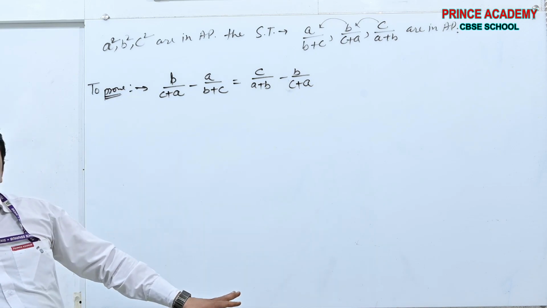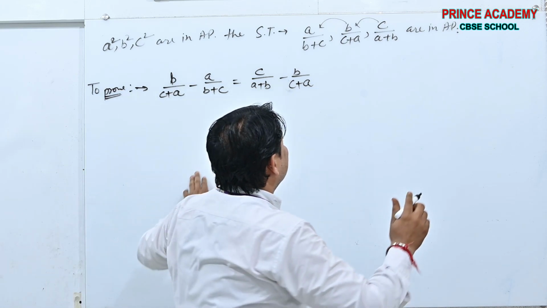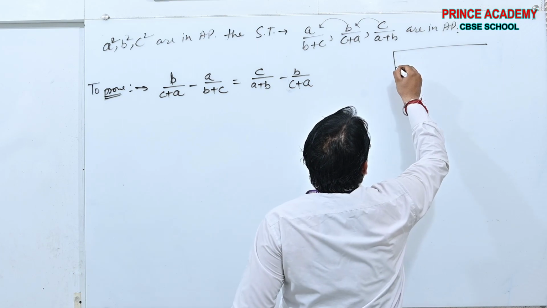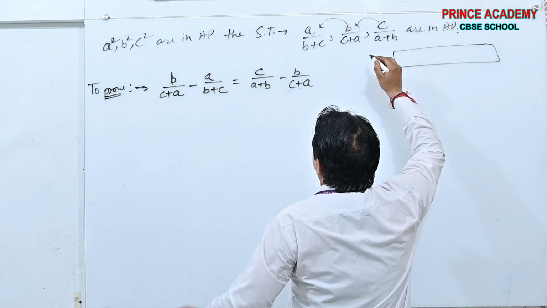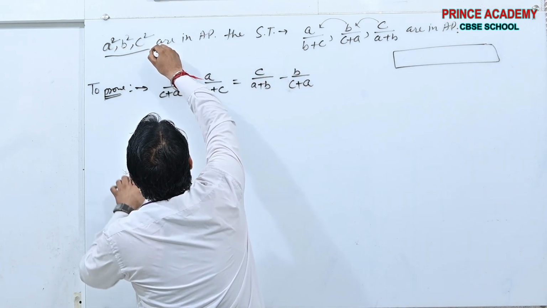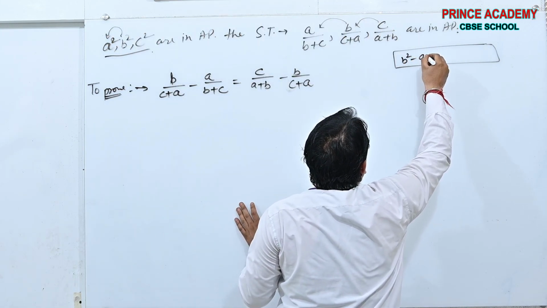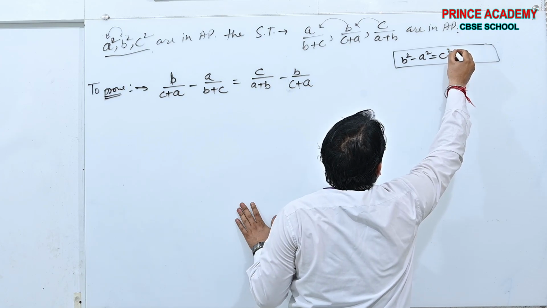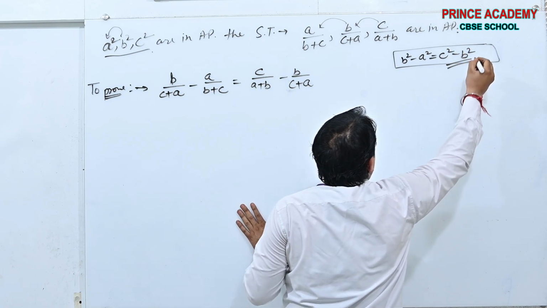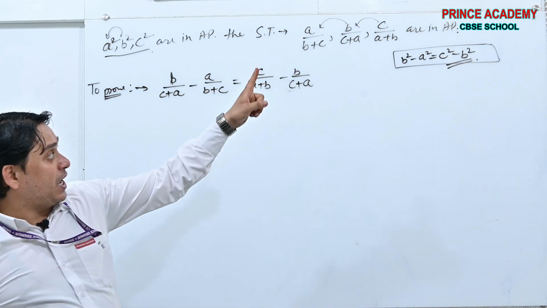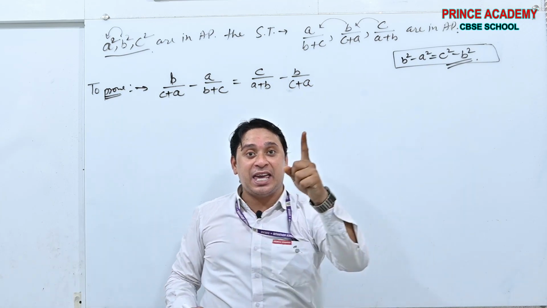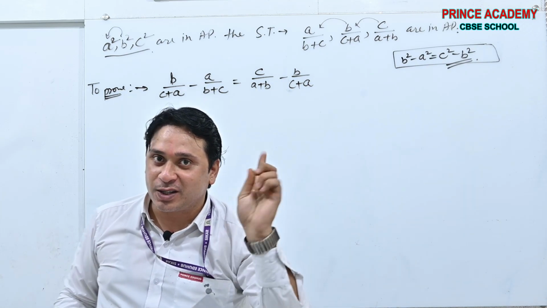Left hand side and then right hand side we will prove. Once you see what is given: a square, b square, c square are in AP means b square minus a square is c square minus b square. Yes or no? And this will be the key to the success for this question.